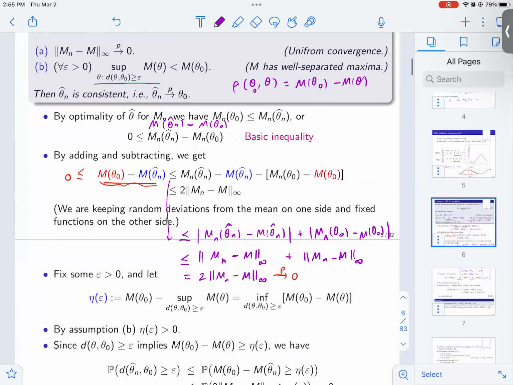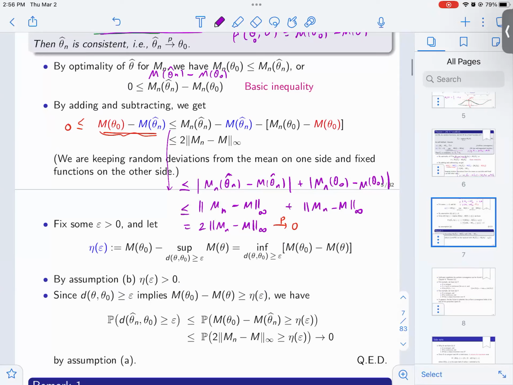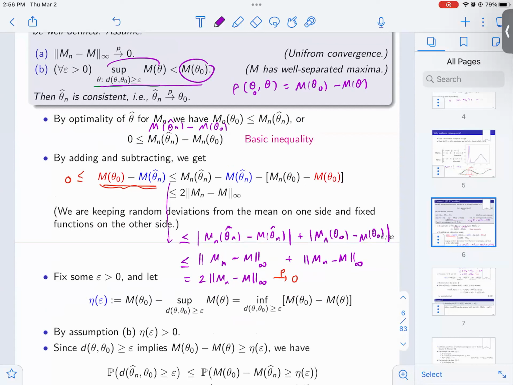If I define this quantity, eta epsilon, to be the deviation of M theta naught minus the maximum of M outside the ball of radius epsilon around theta naught, that deviation is exactly this part. This minus the other side is strictly positive by assumption for every epsilon. And then I can pull this supremum out, and I get the second equality. Why is that true?